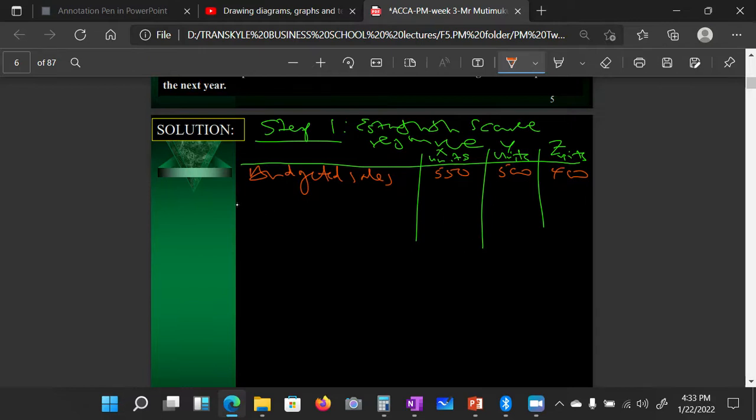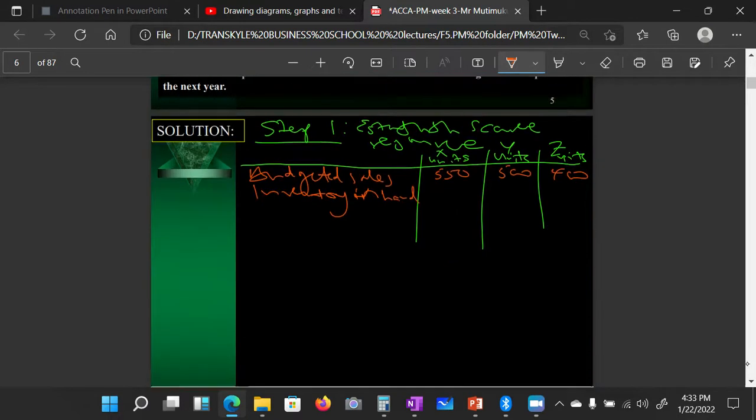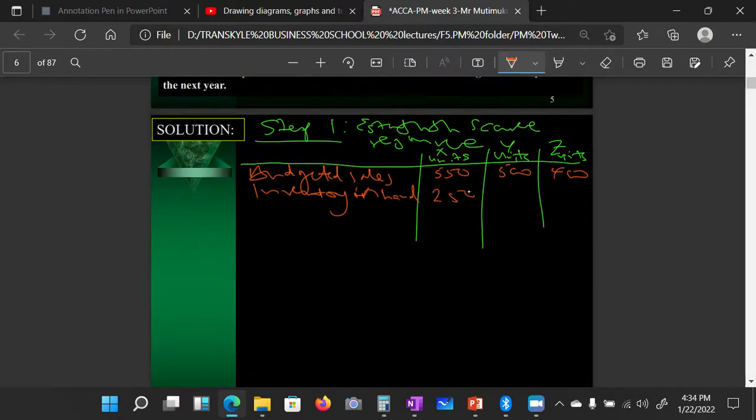And then inventory already in existence, inventory in hand. We are told for X it's 250 and 200 for Z, which means we don't have any inventory in hand for Y.